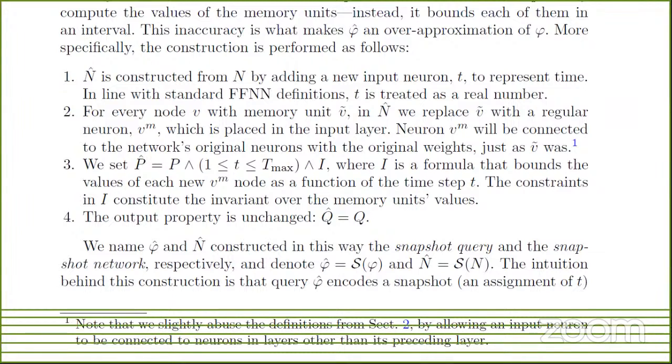Now, by transforming, what they want to do is this: consider that it is indeed possible that the output becomes greater than or equal to 16 at some tth time unit. Then they want this new network to be able to capture this property at the tth time unit, for some possible values of whatever you may want to have in memory, and a t which lies between 1 and t max, the time unit at which the violation is possible.